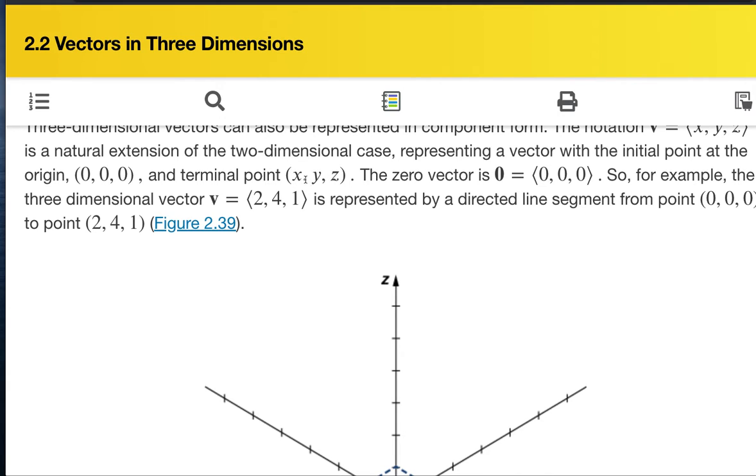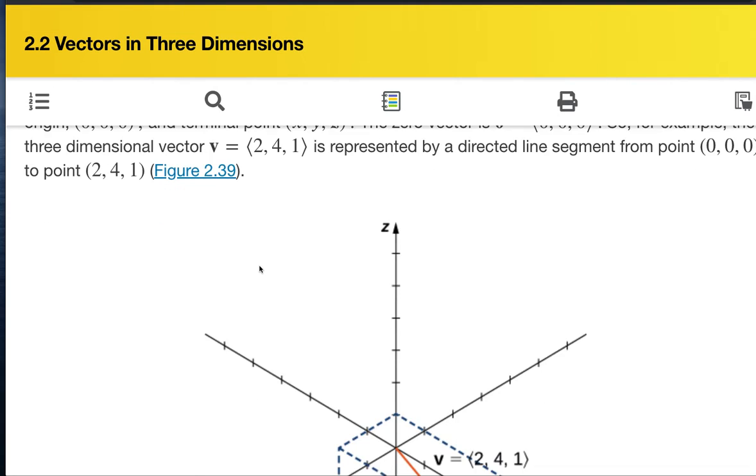To make a difference, so we don't mix them up with vectors, we call these scalars. Put simply, scalars are single real numbers, and vectors could be ordered pairs or ordered triples in the two-dimensional case or three-dimensional case.